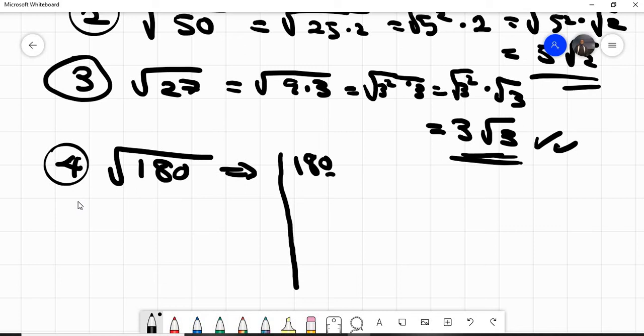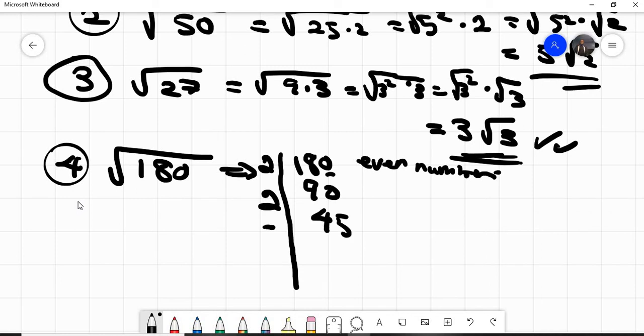It's an even number, so divide by 2, it's going to be 90, and then we divide by 2 again. It's going to be 45. We divide by 5, it's going to be 9, and then we divide by 3. It's going to be 3, and then divide another 3, it's going to be 1, and then we play with these numbers.